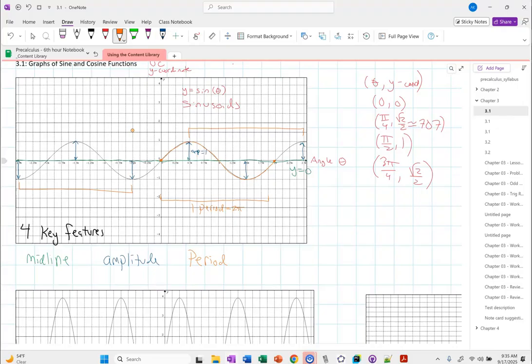Is everybody okay with that? And you'll notice each time, if I go from negative 0.5 pi to 1.5 pi, I still went 2 pi units. If I go from 0.5 pi to 2.5 pi, I still went 2 pi units. The period is the same length no matter where you measure it from. It's constant. Cool?